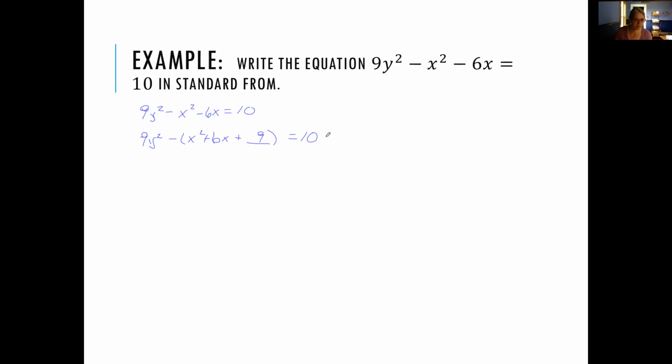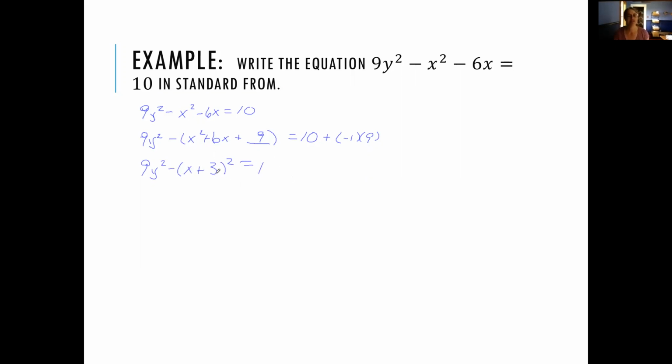So I'm going to add negative 1 times 9, so I'm actually subtracting 9 over here. So I get 9y squared minus (x plus 3) squared equals 1. Divide through, oh, no, we're done. Equals 1, so we're done.